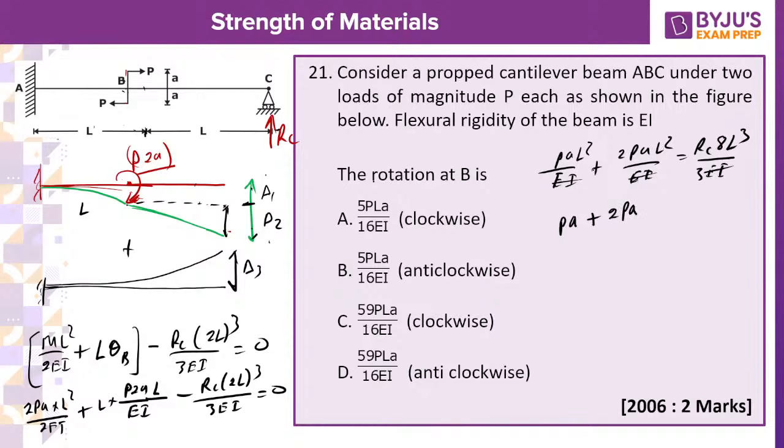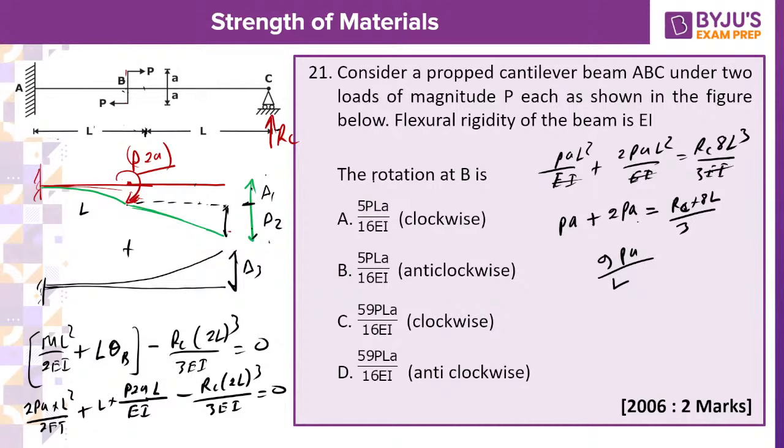L square has gone, so it will become 3PA equal to RC into 8L by 3. So it will become 9PA by L.